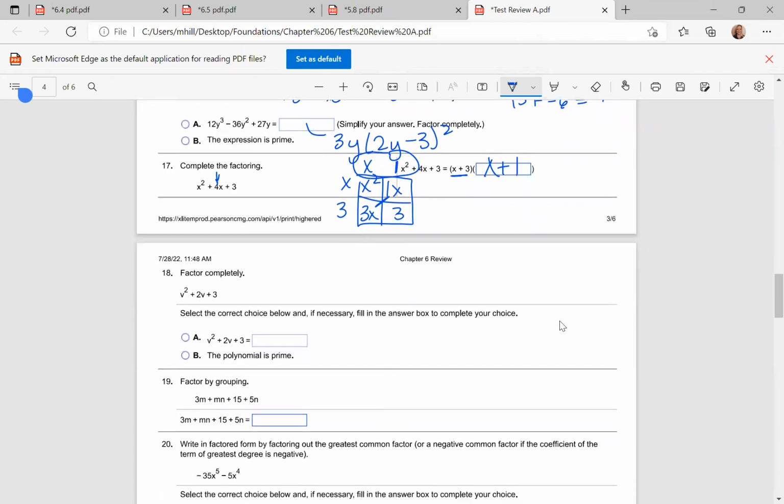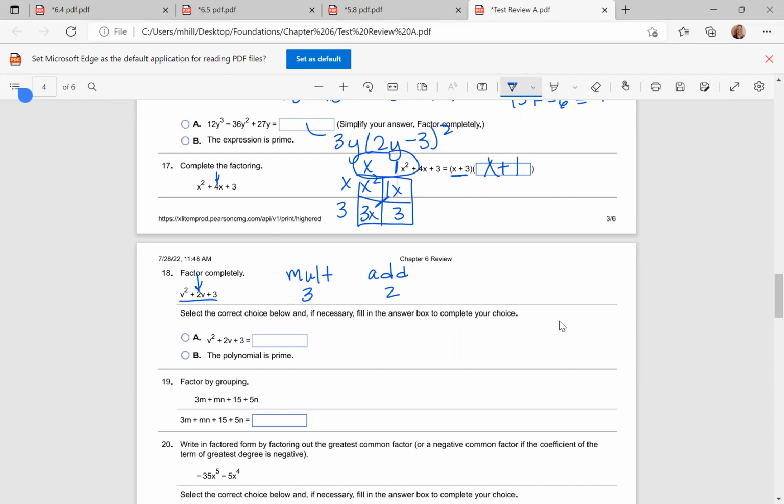Okay, number 18, we're going to factor this completely. So again, you can always use your calculator to help you with this, but this one's kind of easy because there's no number in front of the b squared. So we're looking for two numbers that multiply to give us 3, but add to give us 2.